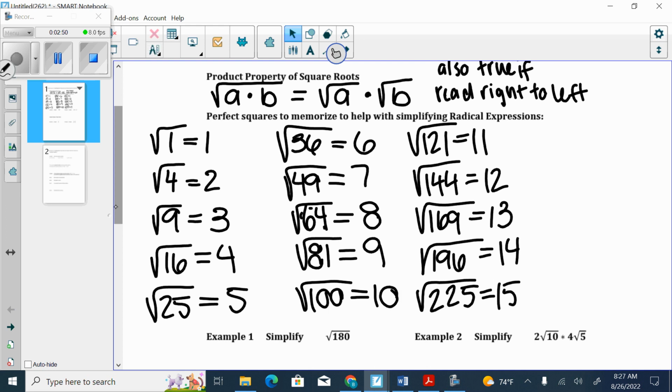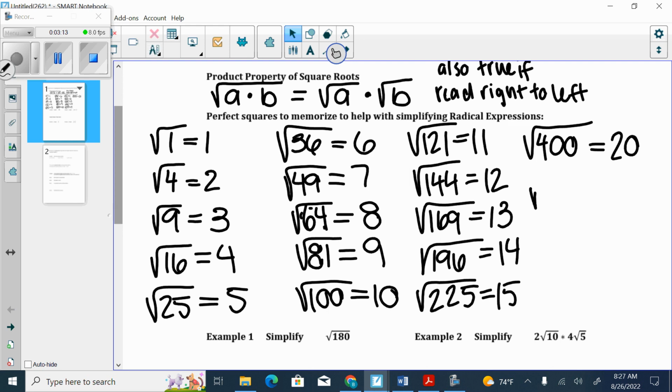Okay. So we do want to have our square roots through 15 memorized, just so that that's one less thing we're having to punch in our calculator. All right. Also, these are some common ones that are a little bit larger you might come across. Square root of 400. Good.